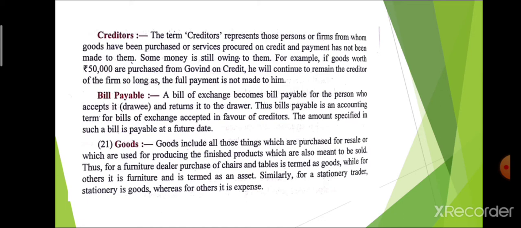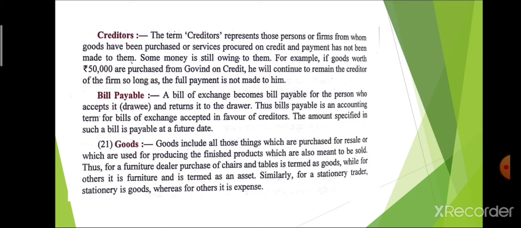The next term is goods. Goods means all those things which are purchased for resale purpose, not consumption purpose. For example, if we purchase sugar or bread for making the cake, so sugar or bread is considered as goods.